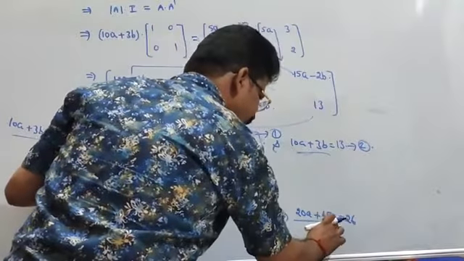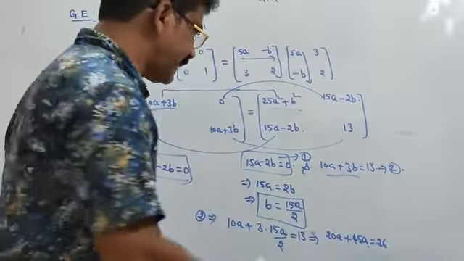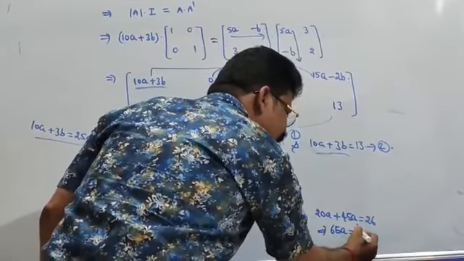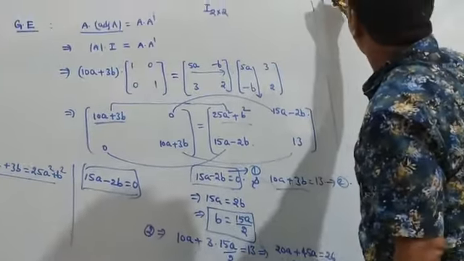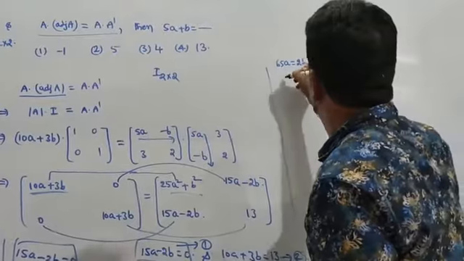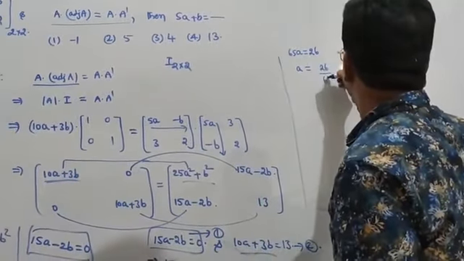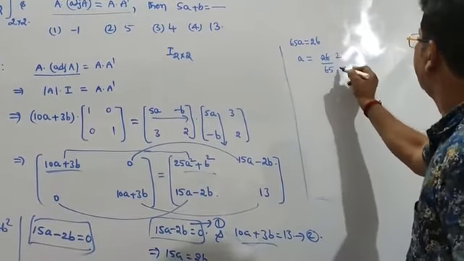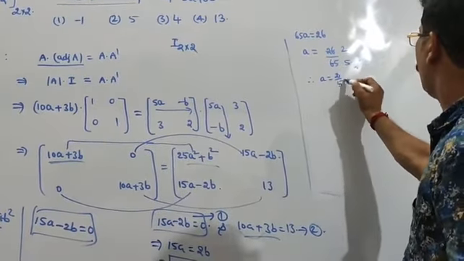On simplification we get 20A plus 45A is equal to 26, which means 65A is equal to 26. Hence capital A equals 26 by 65. 13 2s are 26, 13 5s are 65. Therefore A value is 2 by 5.